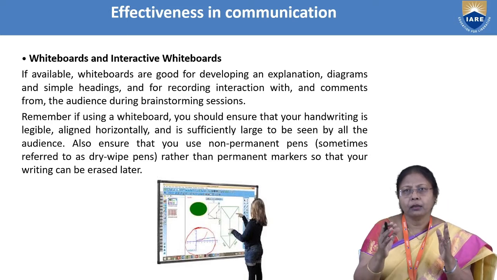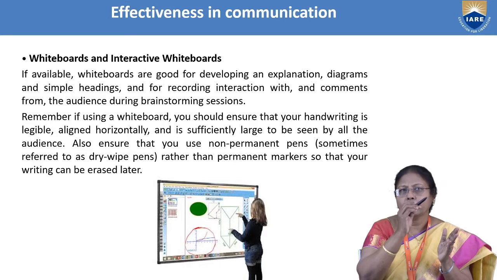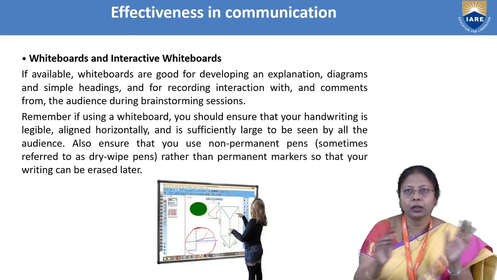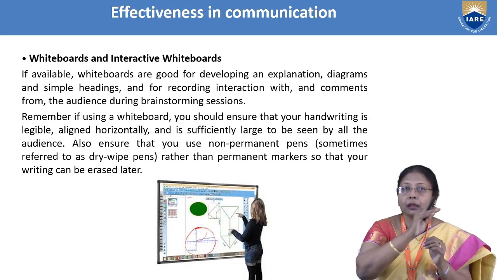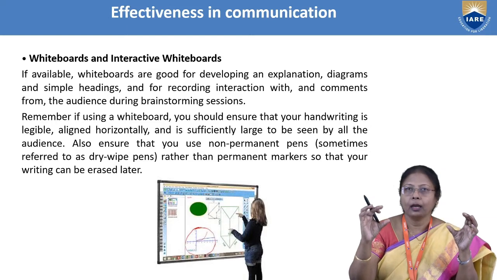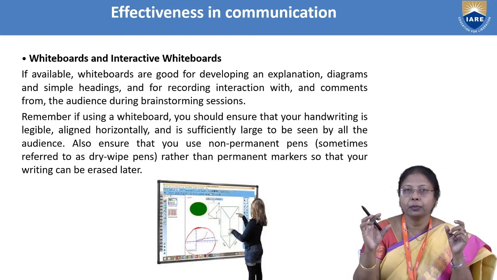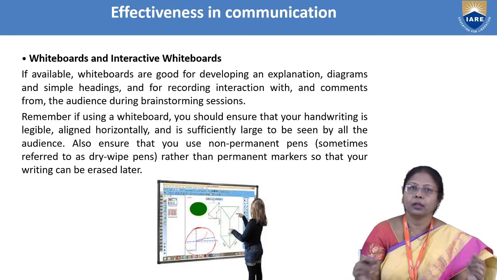Many faculty who use boards write very small letters, which is no benefit to the audience. So when you use a whiteboard, you have to write legibly, clearly, horizontally, and with sufficiently large letters for the audience who are looking.